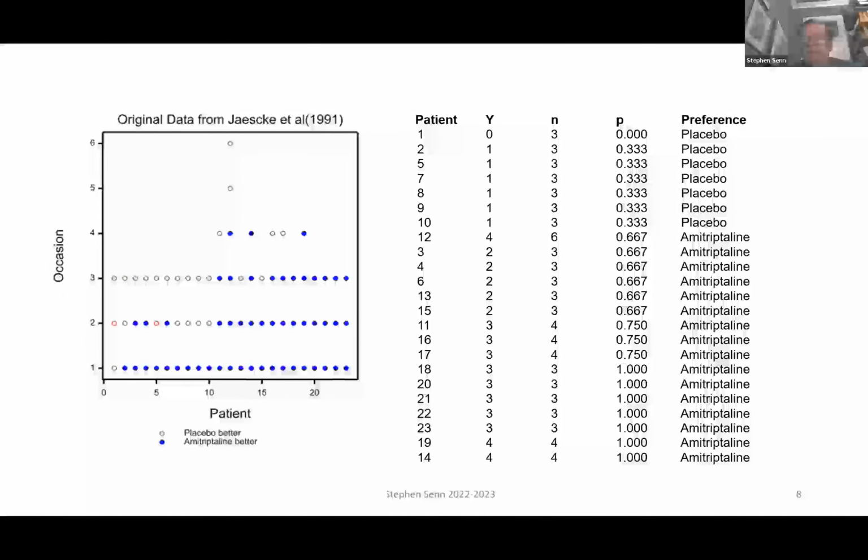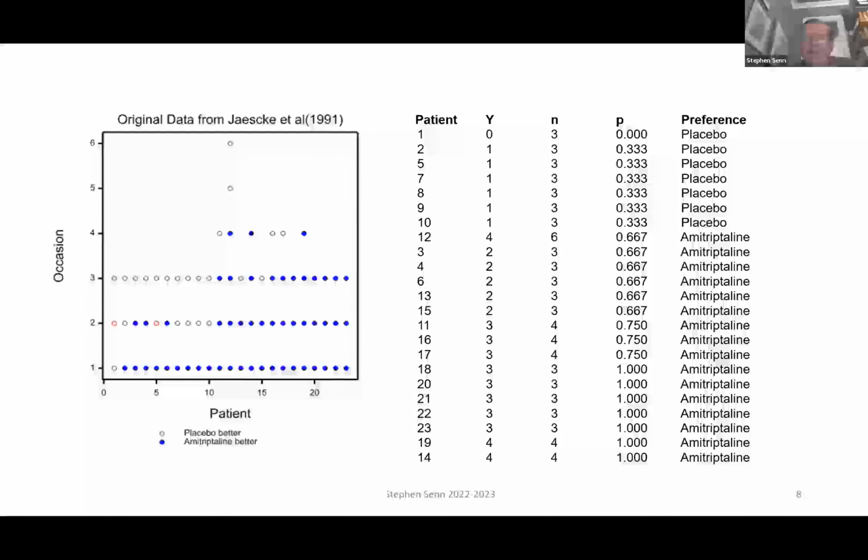If you want the actual numbers, they are on the right-hand side. For a given patient, you can record the proportion of occasions on which they preferred amitriptyline. For patient number 1, who has 3 open red circles, on none of the 3 occasions was amitriptyline preferred to placebo, so the value of P for that patient is 0.00.